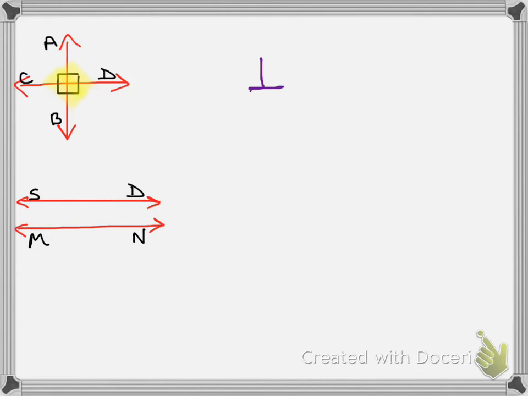Well, I've got line AB, right? Here's line AB. And then I have line CD. So line AB is perpendicular to line CD. Okay?